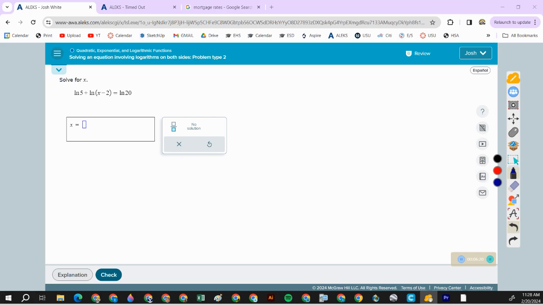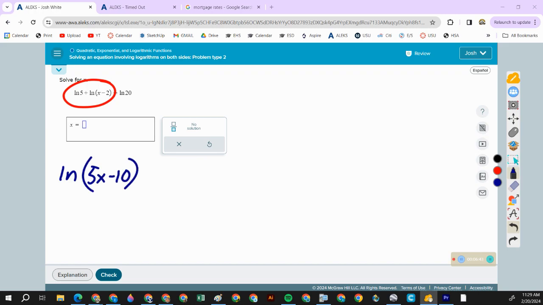Okay. Now we have logs on both sides. If I can manipulate this so that I have a single logarithm equal to a single logarithm, then I can just erase the logs. So if I can put those two together, then I can just erase the natural logs. So that would be the ln of 5x minus 10. They're both positive, so they both go on top. 5 times x minus 2 is 5x minus 10.